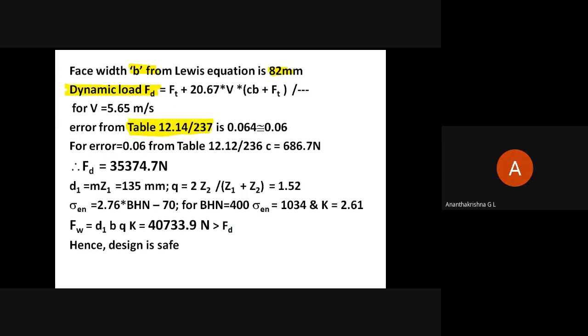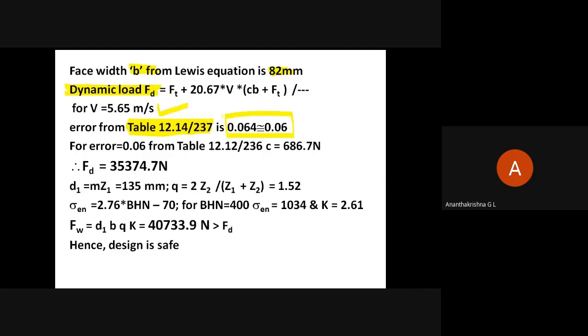Okay. So from table 12.14, for a velocity of 5.65, what is the value of error that you are getting in that table? I rounded 5.65 off to 6.